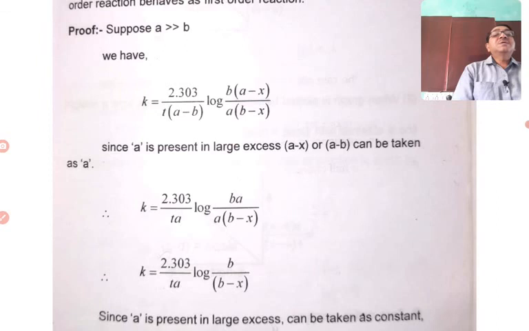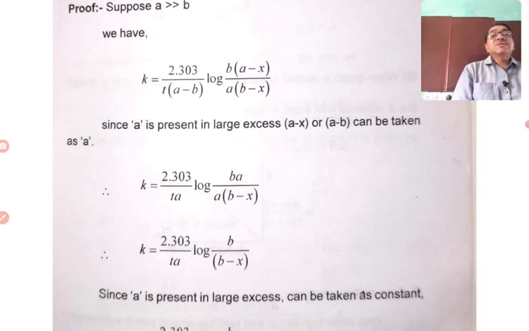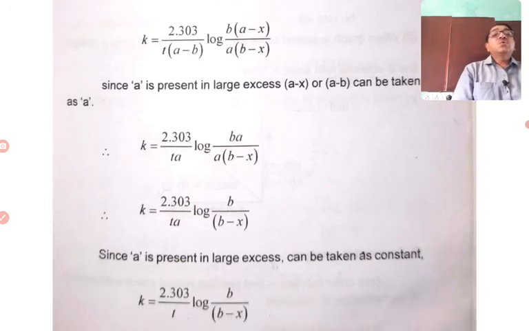Since A is present in large excess, A minus B can be taken as A. So therefore k is equal to 2.303 divided by tA log bA upon A into (B minus x). Therefore k is equal to 2.303 divided by tA log b upon (b minus x).